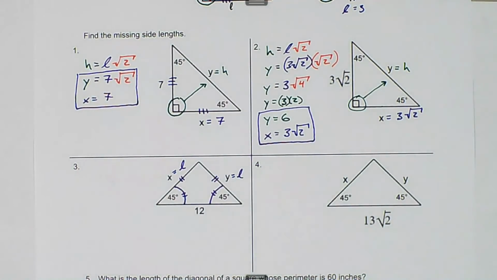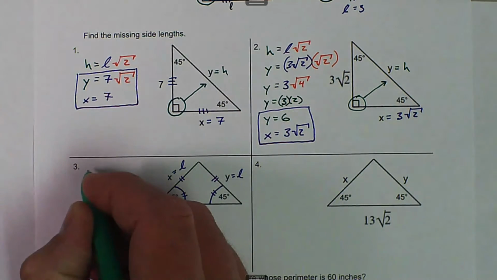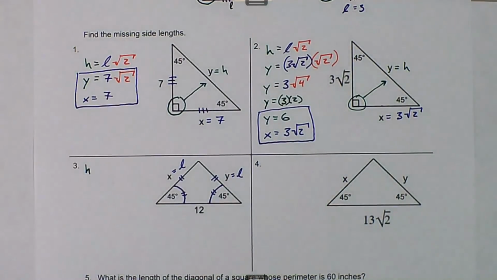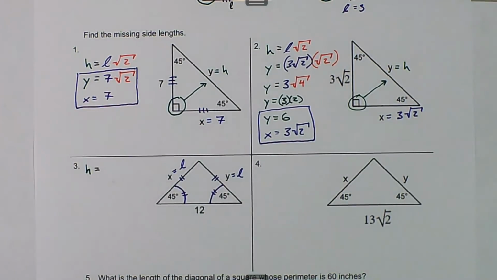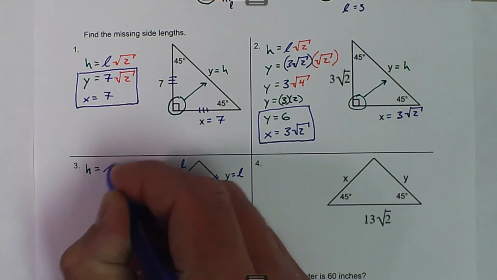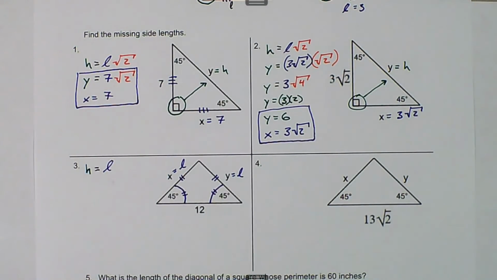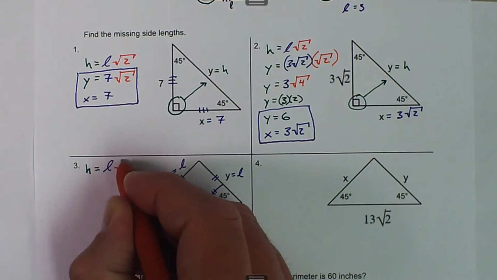So we can go back to our previous relationship that we knew, where h is equal to the legs, or one of the legs, times the square root of 2.